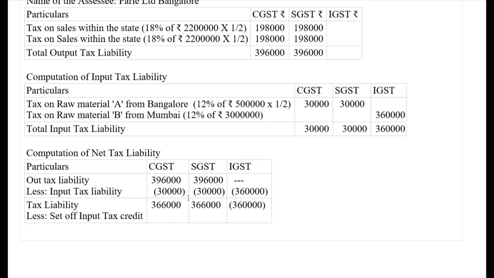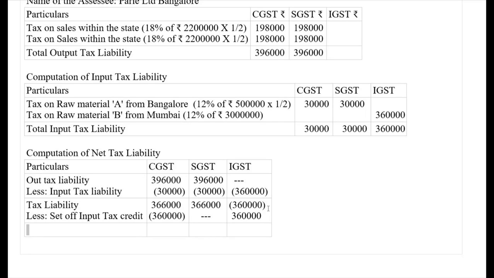Now you can see here we have got an IGST credit here, which is paid here. So we can claim here on first CGST. It can be claimed fully here, that is 3,60,000. Then there is no CGST credit here, so let's put a dash here. Then in case of IGST it is completely utilized now. So this 3,60,000 we are going to utilize here.